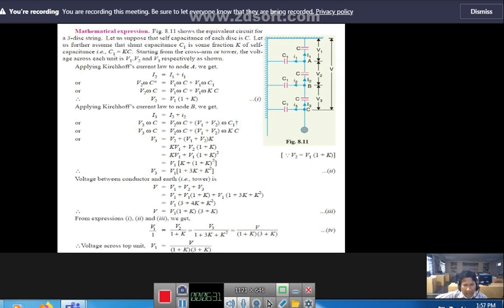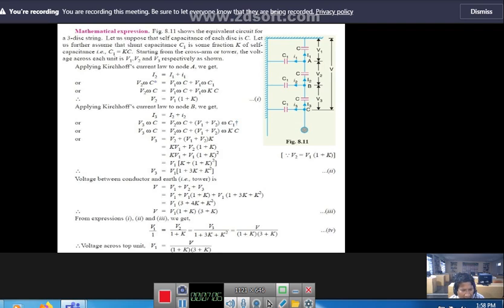Starting from the cross arm or tower, the voltage across each unit is V1, V2, V3. From the cross arm, the voltage across disc 1 is V1, across disc 2 is V2, across disc 3 is V3. Now applying Kirchhoff's current law at node A. You can consider node A, node B, node C. The sum of the incoming currents is equal to the sum of the outgoing currents.